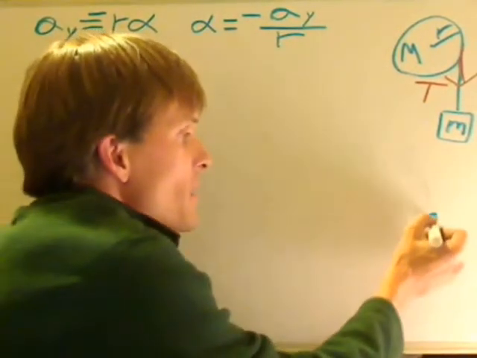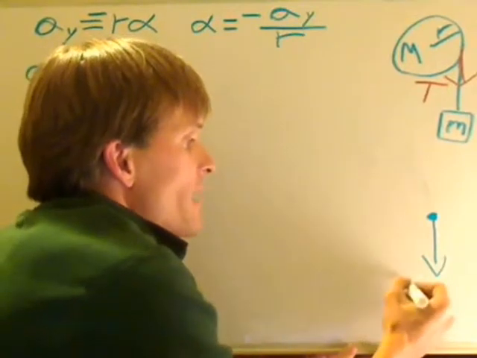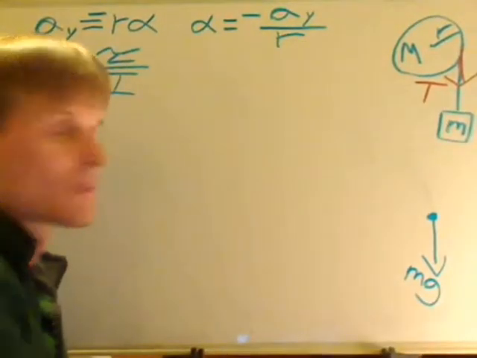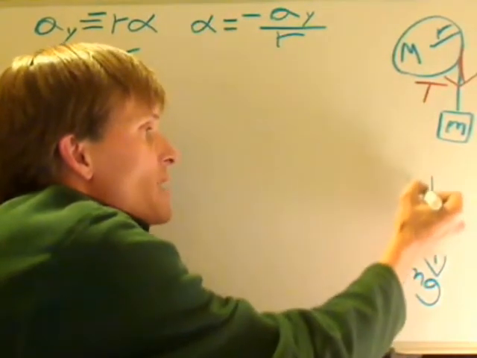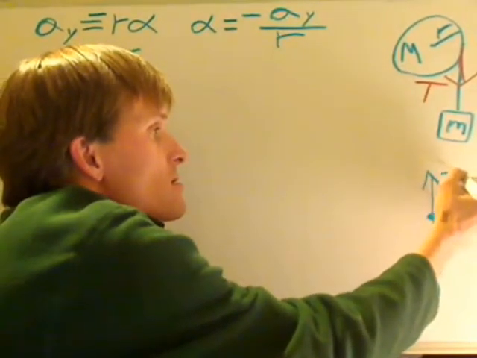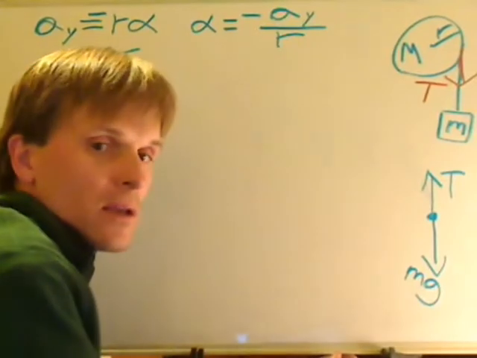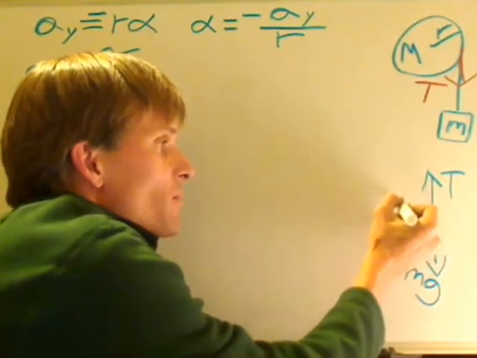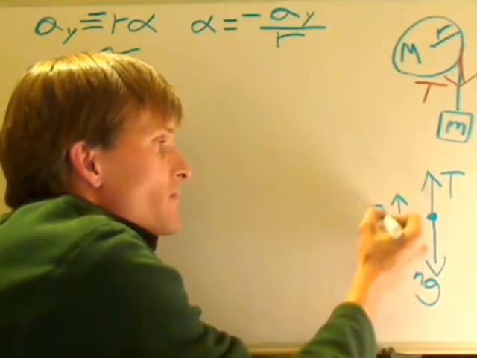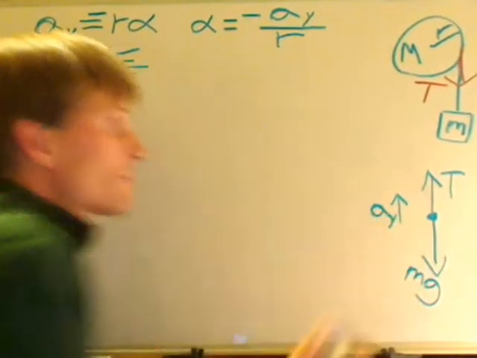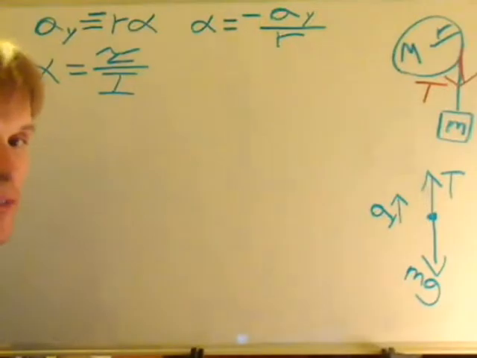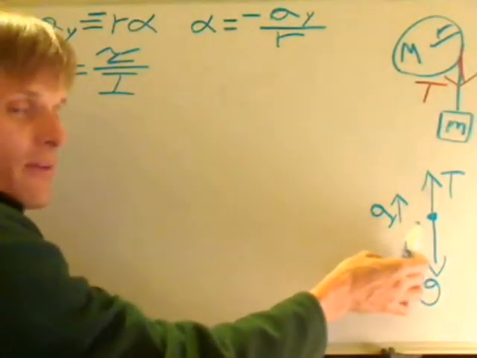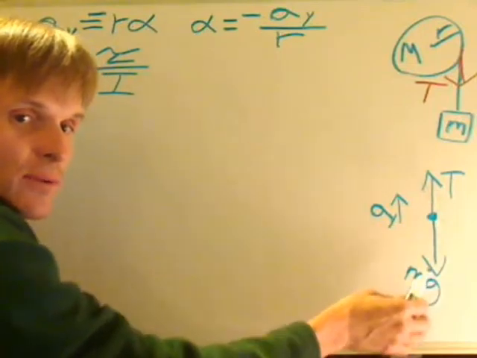So let's look at our free body diagram for our little mass here. Well, mg, the gravity, pulls down on our little mass, and tension pulls it up. And our acceleration, of course, we're assuming this is our positive direction for acceleration. So if we have an acceleration, tension isn't equal to mg.